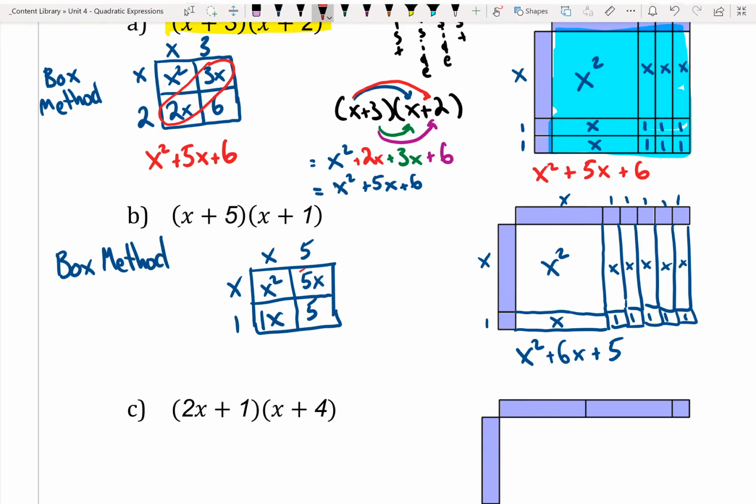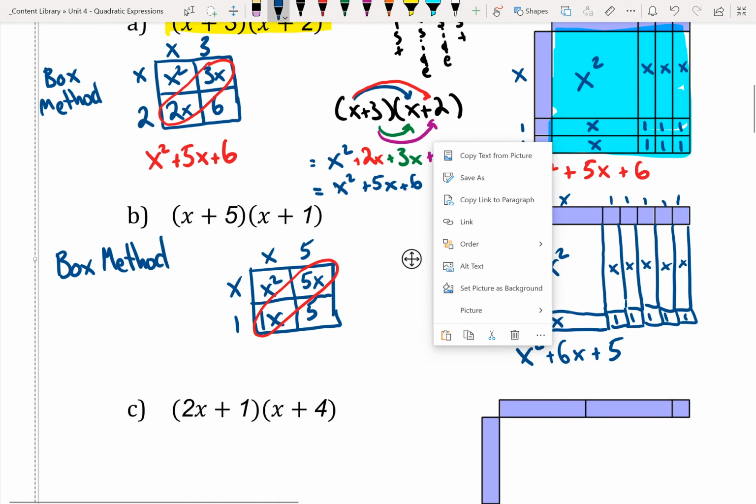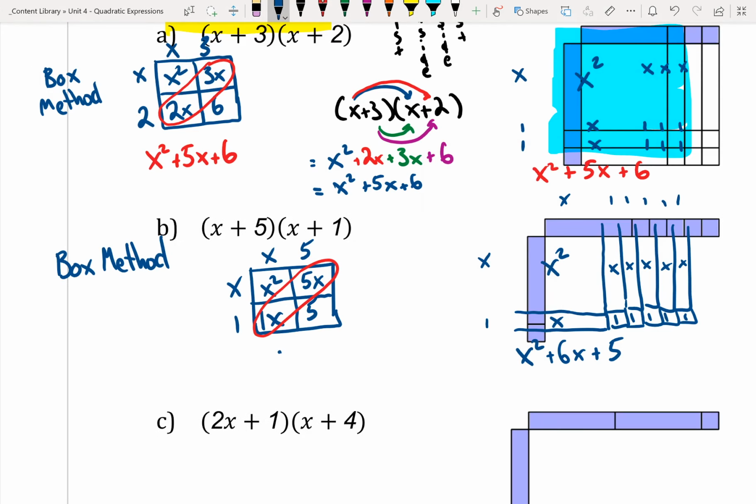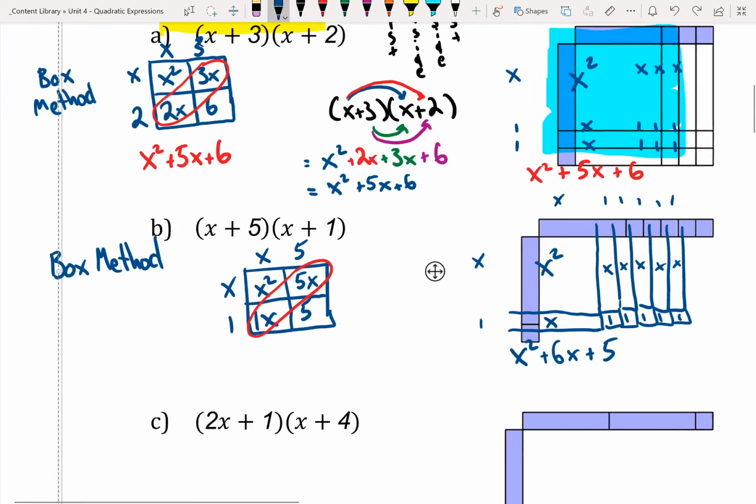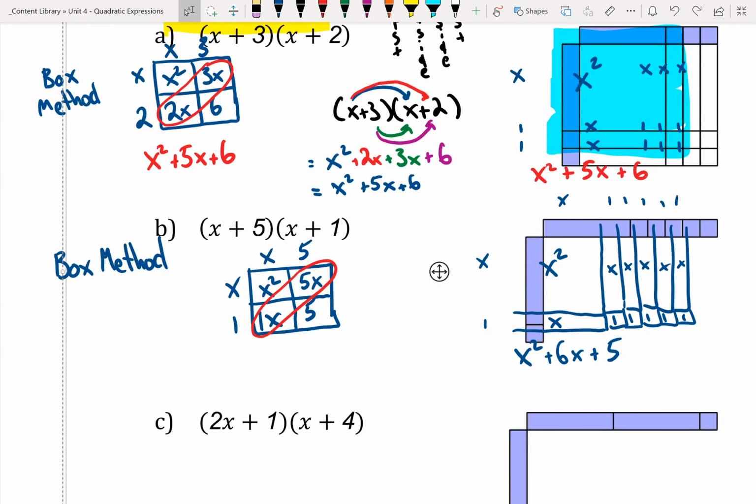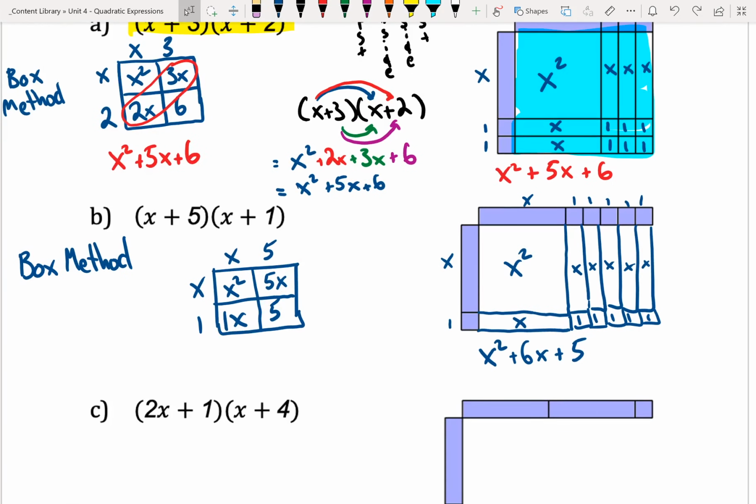When I go to collect like terms, these two are the same, so I can add those together. So in the end, I get x squared plus 6x plus 5.